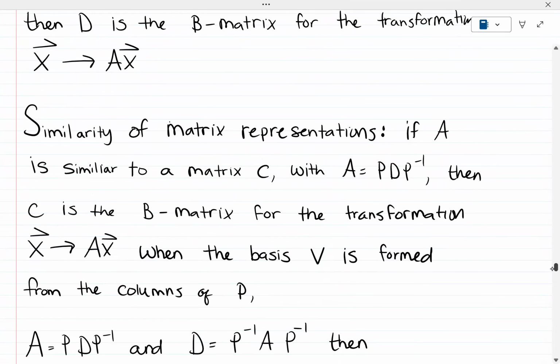So, similarity of matrix representation: if A is similar to matrix C, with A equals P times D times P inverse, then C is the B matrix for the transformation x goes to Ax when the basis B is formed from the columns of P. What does that mean? It's a lot of information.